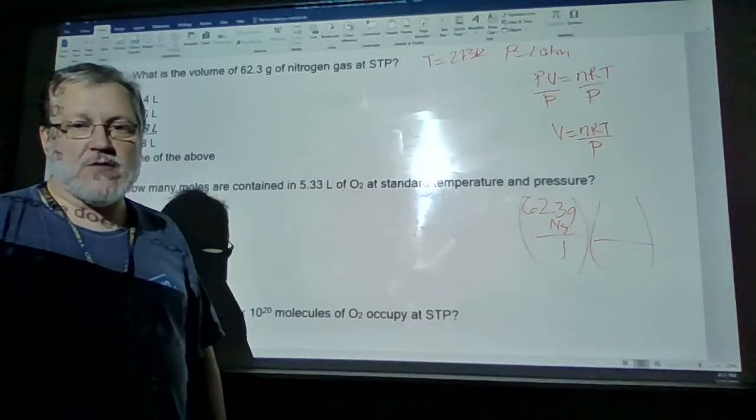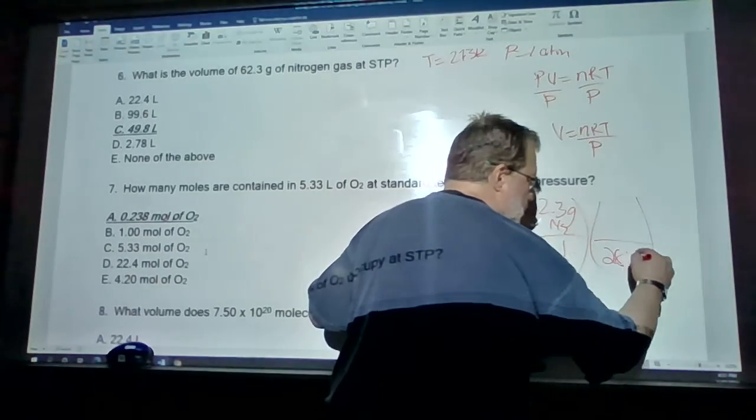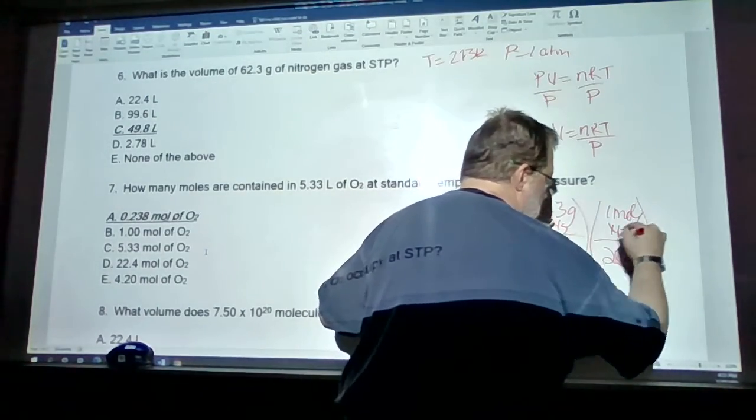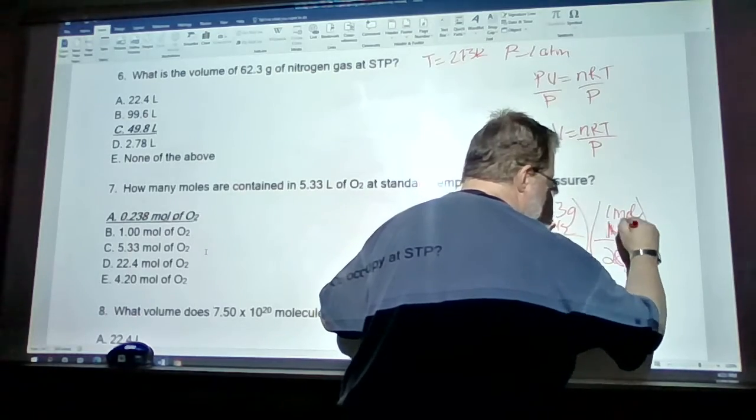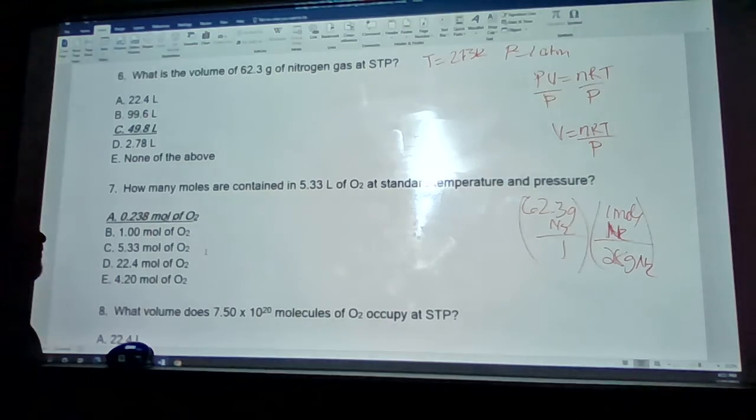So 1 would be 14, 2 would be 28. 28 grams N2, 1 mole N2. So we take 62.3 divided by 28. That's the number of moles.